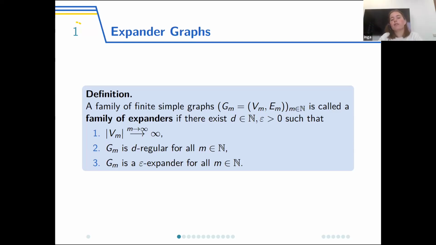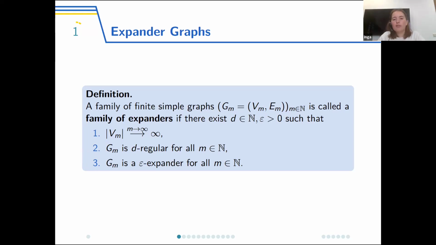Locally, we should still not get more and more edges; it should still be the same number of edges around each vertex. So we want the graphs to be d-regular. That mimics that we don't want it to be too expensive. And for the third part, we want that everything is well connected.